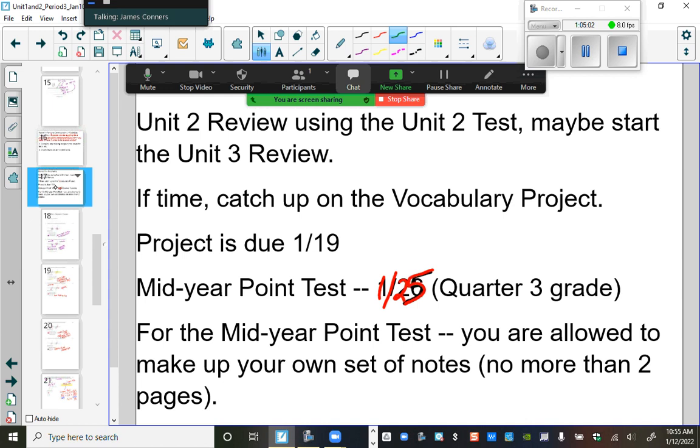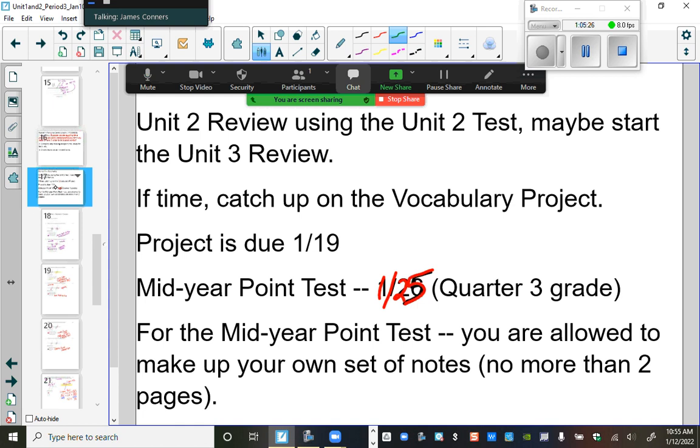We'll probably do the Unit 3 review on Friday. Maybe Unit 3 and 4, depending on what's going on. So that's going to be all the new stuff for the rest of the period today. You could either work on the Unit 3 review or the project. Project is in Schoology.